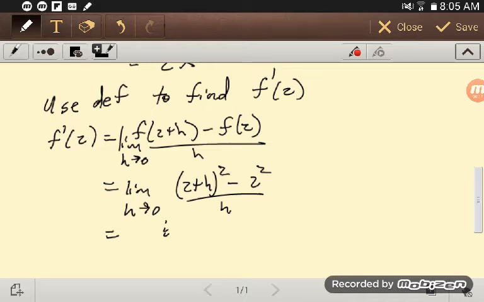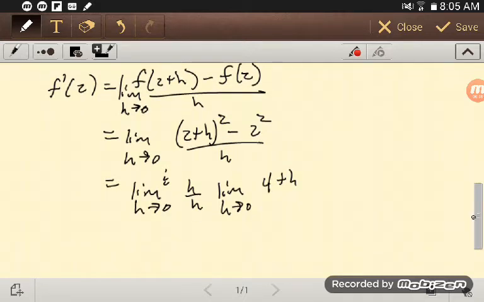And you'll have the limit as h goes to 0 of your h over h, which you had before, and then the limit as h goes to 0 of 4 plus h. Okay, and you'll be able to, again, get 1, and you'll get your 4. Okay, so I did the dot, dot, dot because we did it up here. You don't get to do dot, dot, dot on an exam.